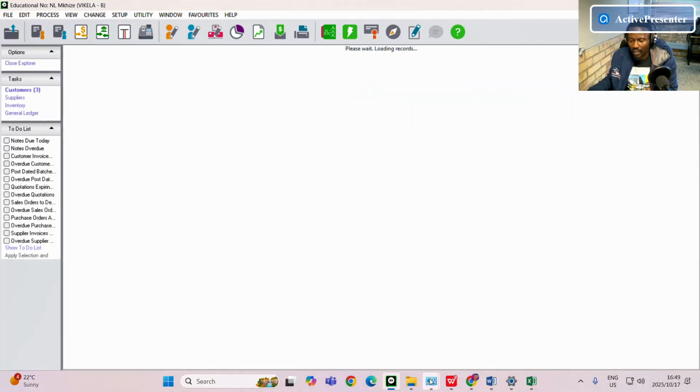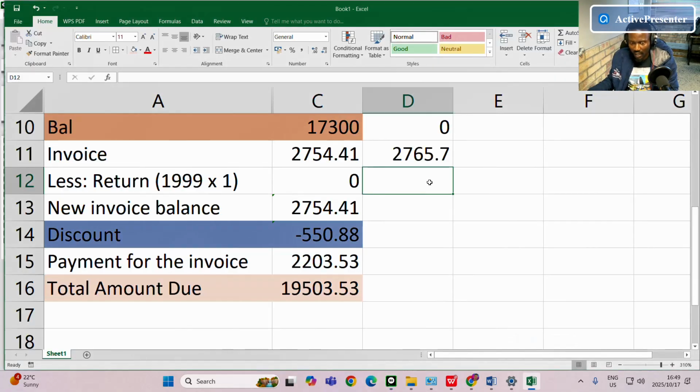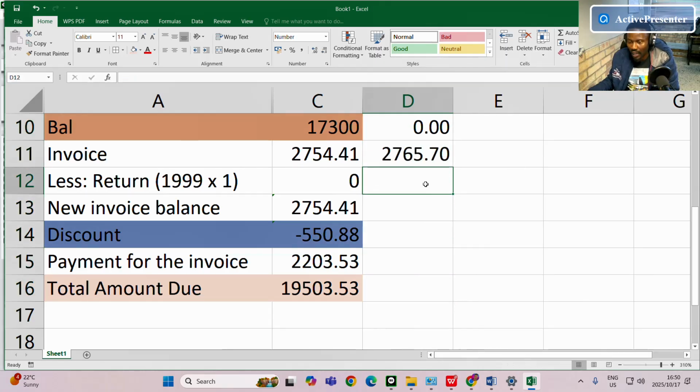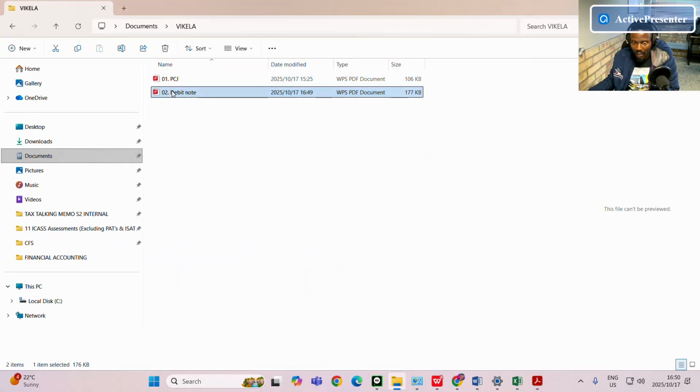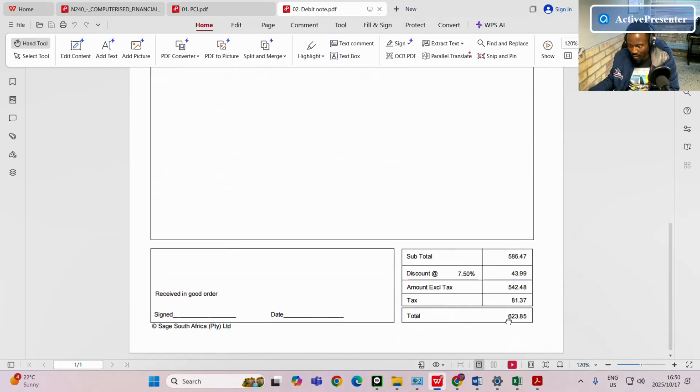Okay, so guys, basically, what we're gonna do here is take the invoice, which you've already taken, 276,65 and then 70. Let me just make sure everything is in two decimal places. All right, then we need to less the debit note.